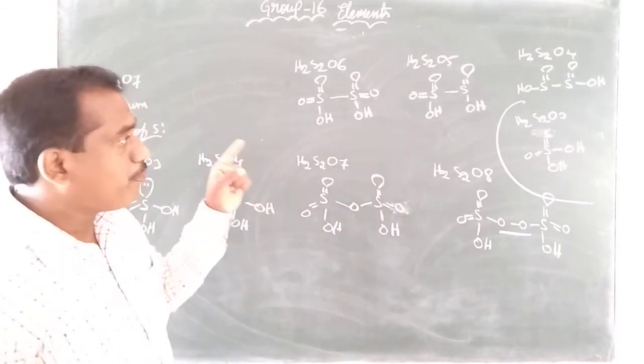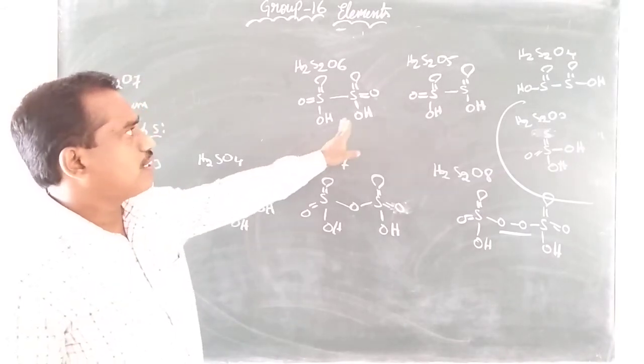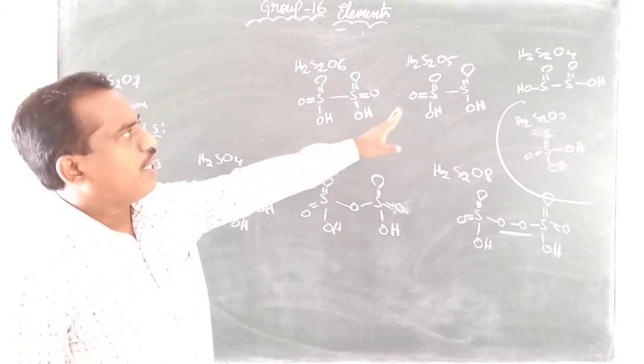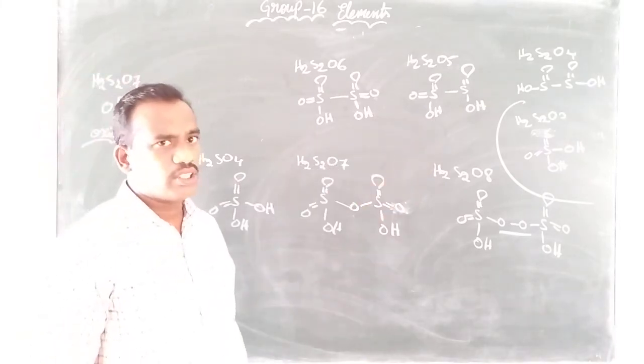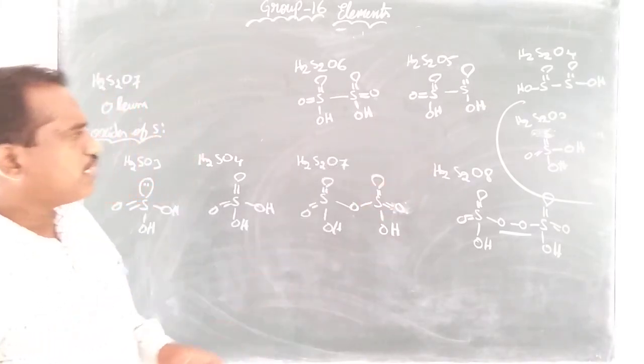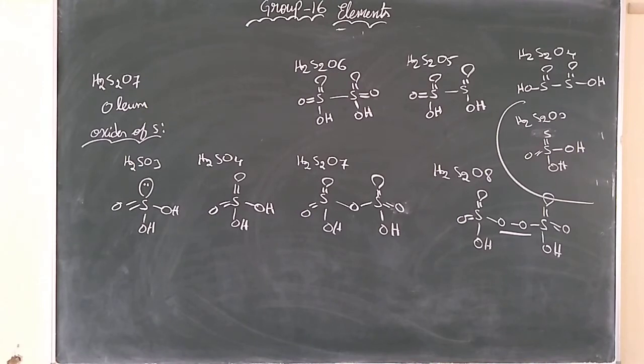But these are very important for objective: H2S2O6, H2S2O5, H2S2O4 and H2S2O3. Got it, children? So note down the structures of oxo acids of sulfur. Sorry children, there is a lighting problem up to now. I didn't identify. Please write down or take a snapshot of these oxo acids of sulfur.